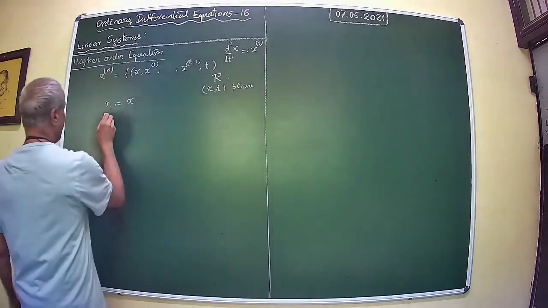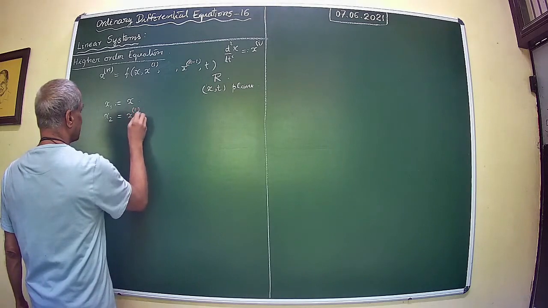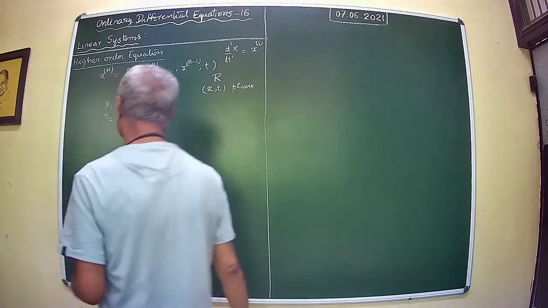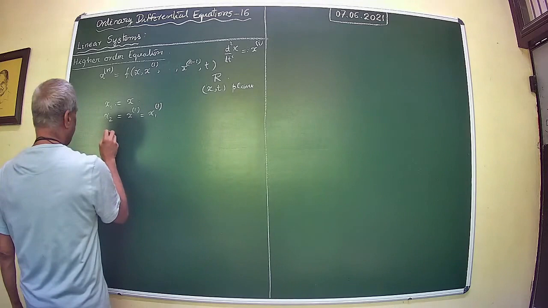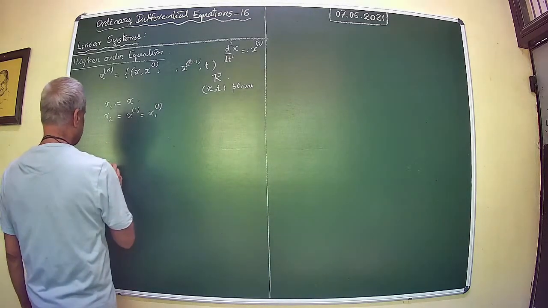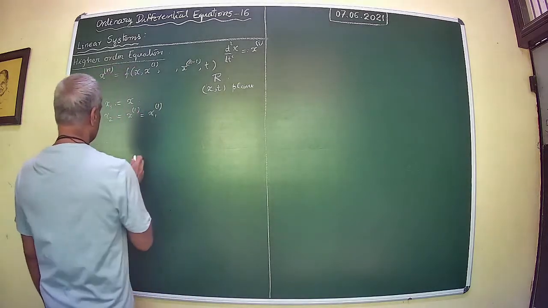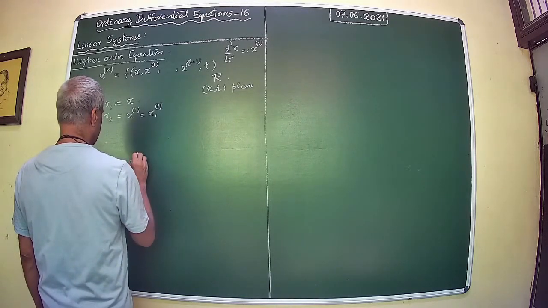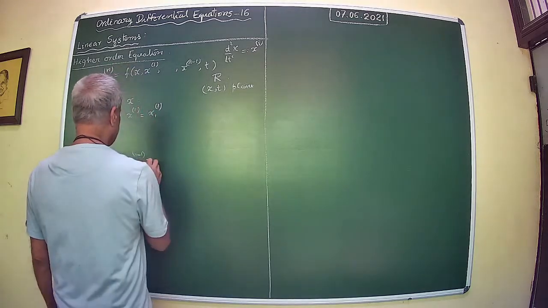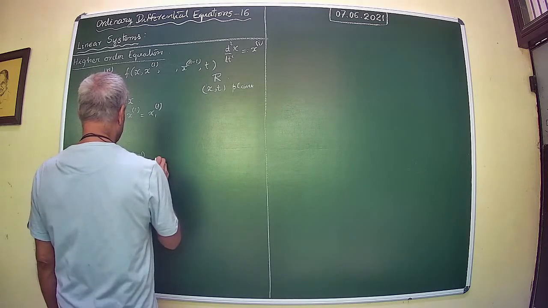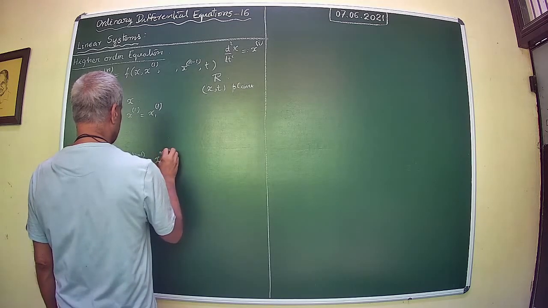Then you define x2 as x derivative, which is equal to x1 derivative, and so on, up to xn, which is the n minus 1 derivative of x, equal to x1 to the power n minus 1 derivative.